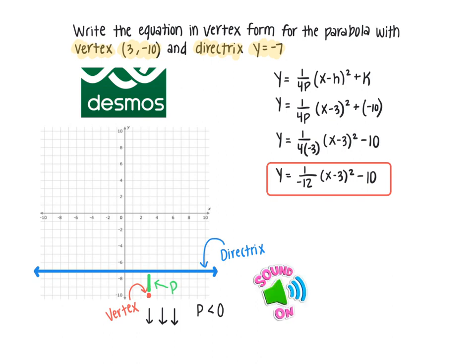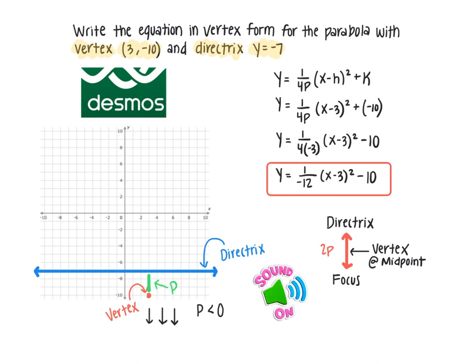Another scenario that you could possibly see, which some people might get confused by, is if they give you the directrix and the focus. When they give you those two pieces of information, you need to realize that p is only the distance between the vertex and one of the other two. So if they didn't give you the vertex and they gave you the directrix and focus, you know that the distance between those two values is going to give you 2 times p, so you would want to divide that by 2.